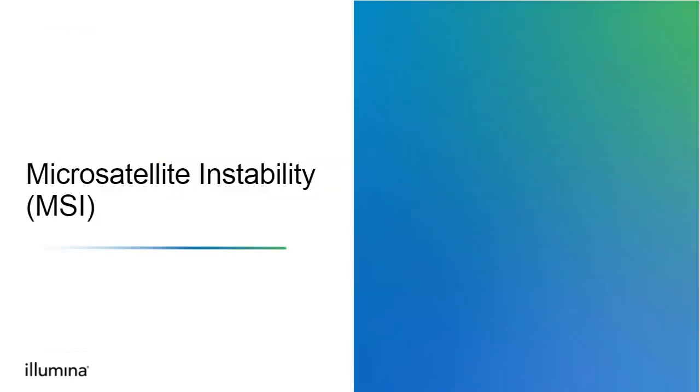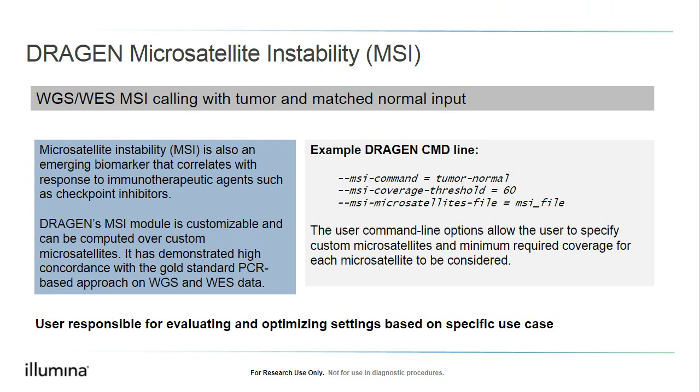The next feature that we want to highlight is MSI, or microsatellite instability. Once again, like TMB, this is an emerging biomarker that we had introduced as part of our TSO 500 portfolio, and we wanted to bring it into a more general format into DRAGEN so that users who have their own panels can benefit from this feature. This feature is limited today to a tumor normal matched input.